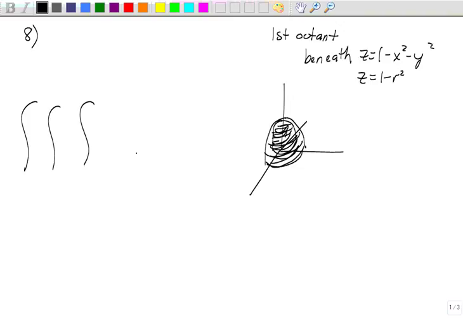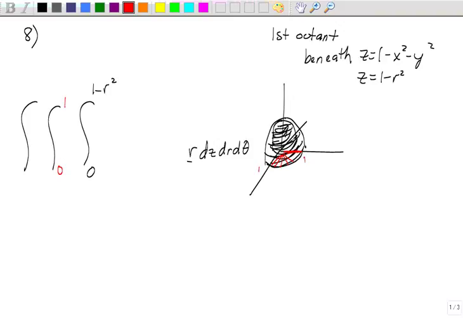Okay. If we do cylindrical, we need the r dz dr d theta. So we need that extra r. Then z is between 0 and 1 minus r squared. Let's do the z first. Then r is between 0 and 1, because this is 1 and 1. So 0 and 1 is r.